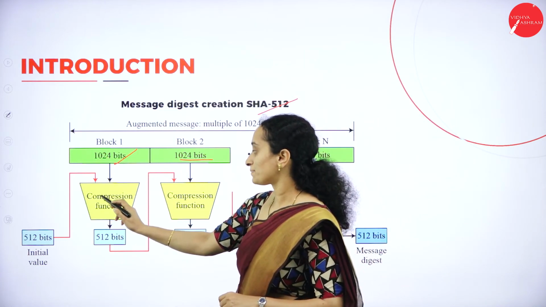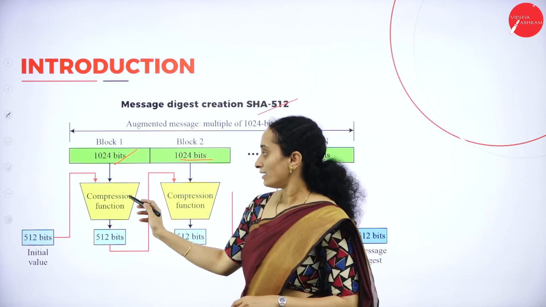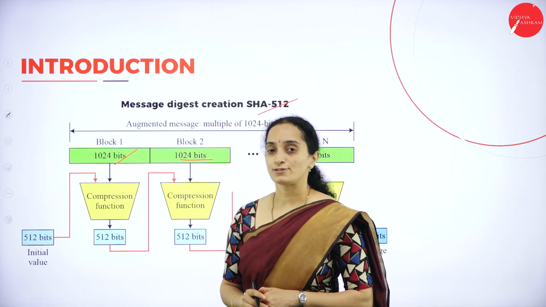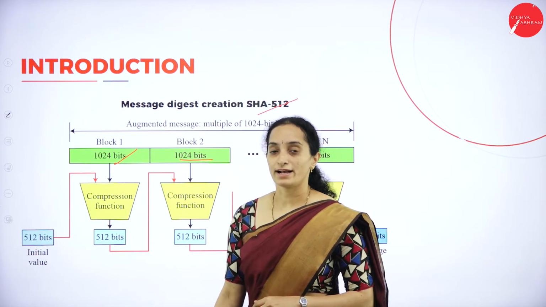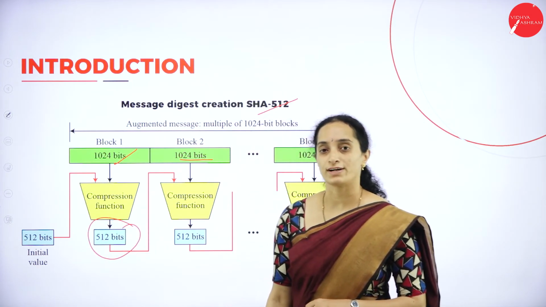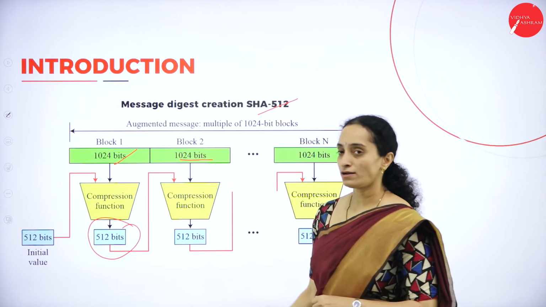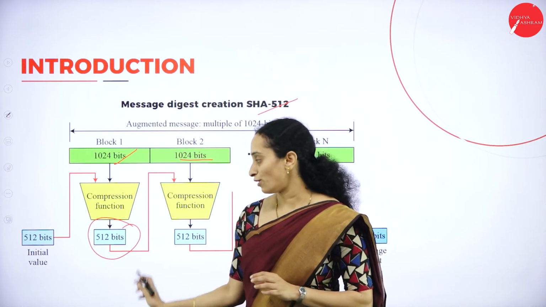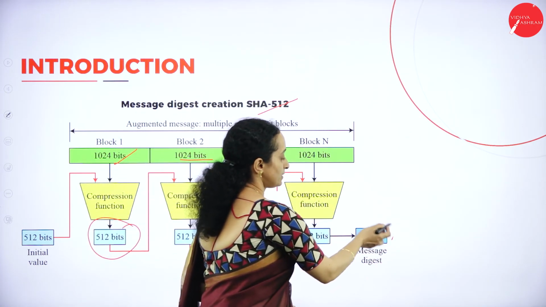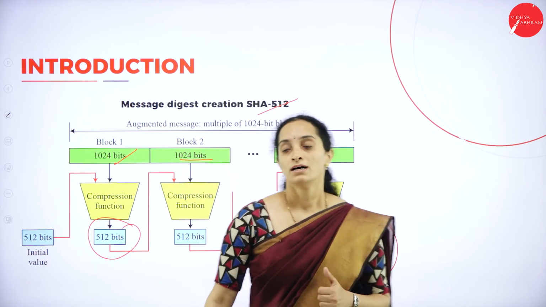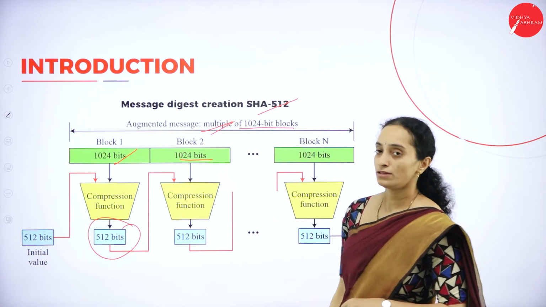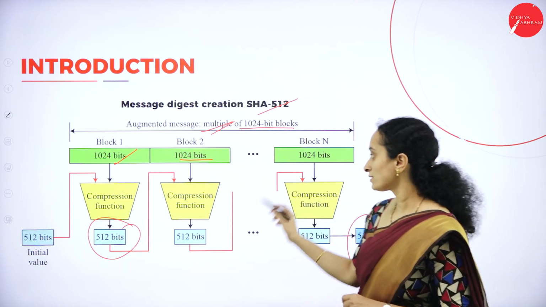Each block is applied to a compression function. The compression function is applied to 1024 bits of message with a 512-bit initial value, which gives a compressed value of 512 bits. Each block will get a fixed length output of 512 bits, which is taken as a message digest for the original message, that is the augmented message. We have multiple 1024-bit blocks.